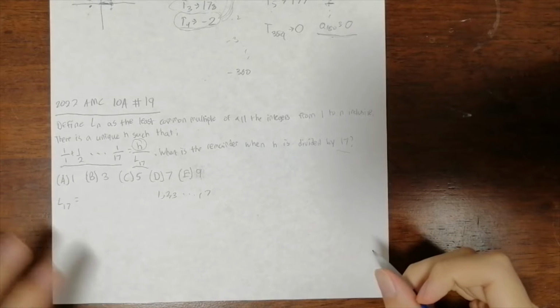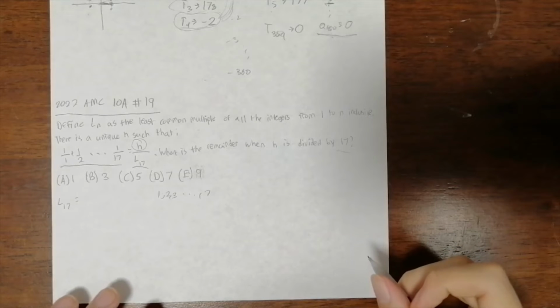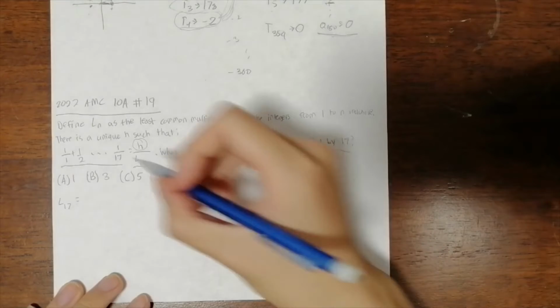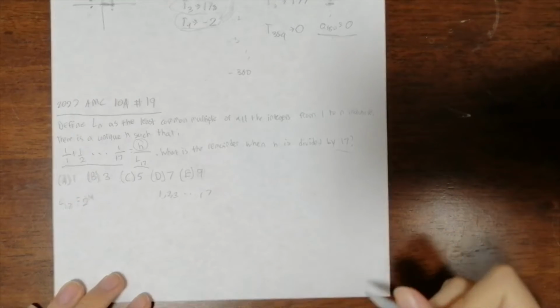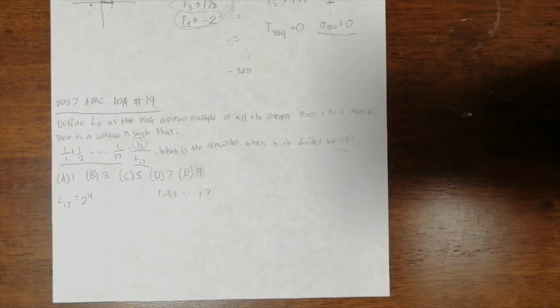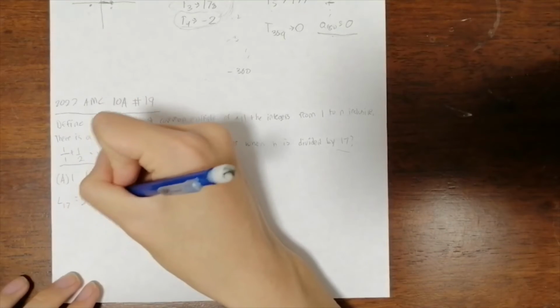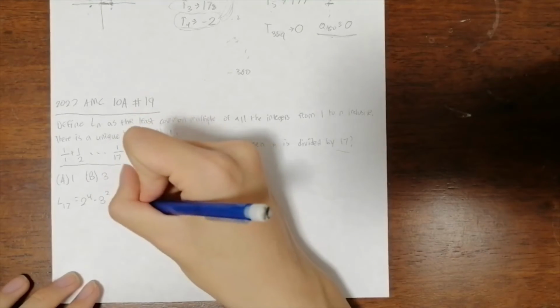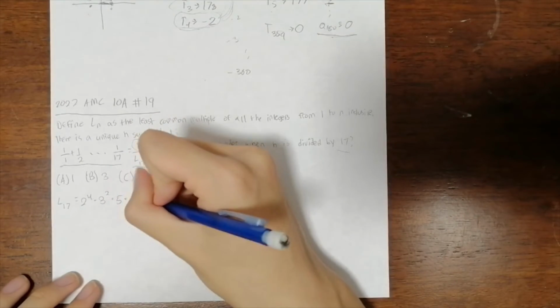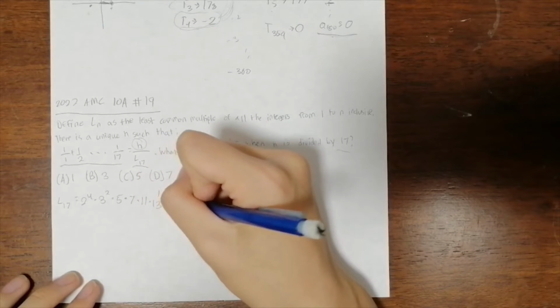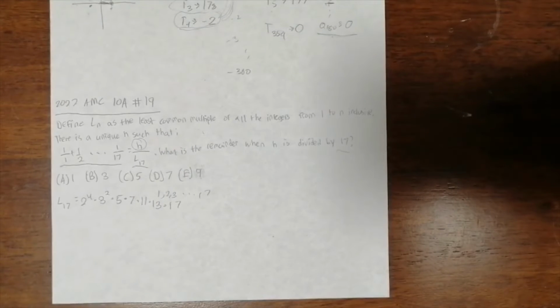So the greatest power of 2 we're going to have is 2 to the 4th, which is 16. The greatest power of 3 is going to be 3 squared, which is 9. For 5, we're only going to have 5 to the 1st, so times 5, times 7, times 11, times 13, times 17.